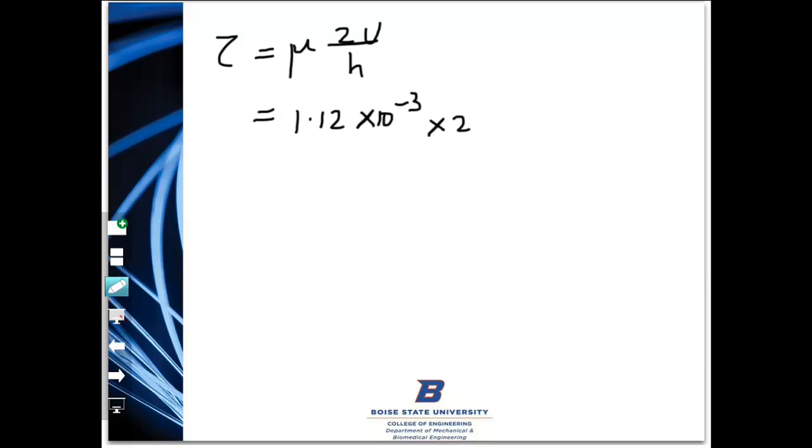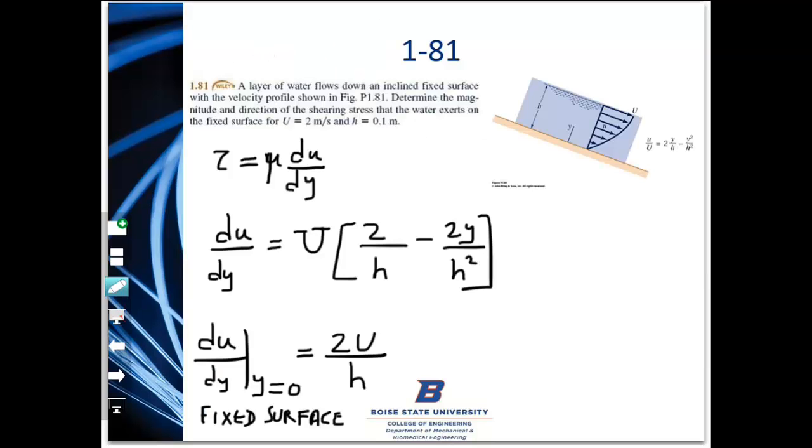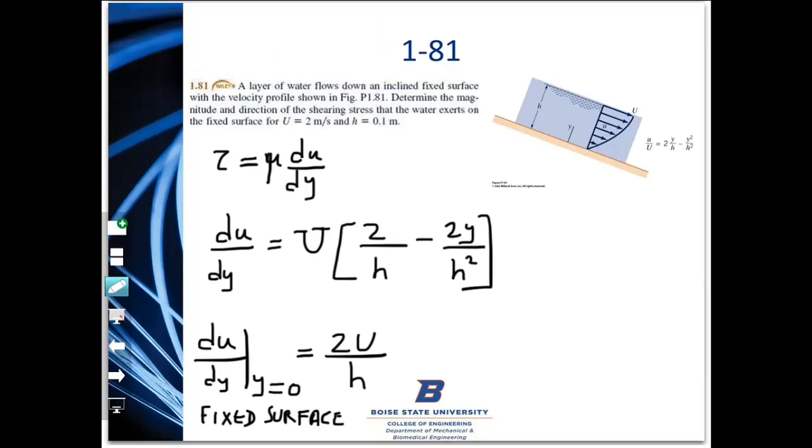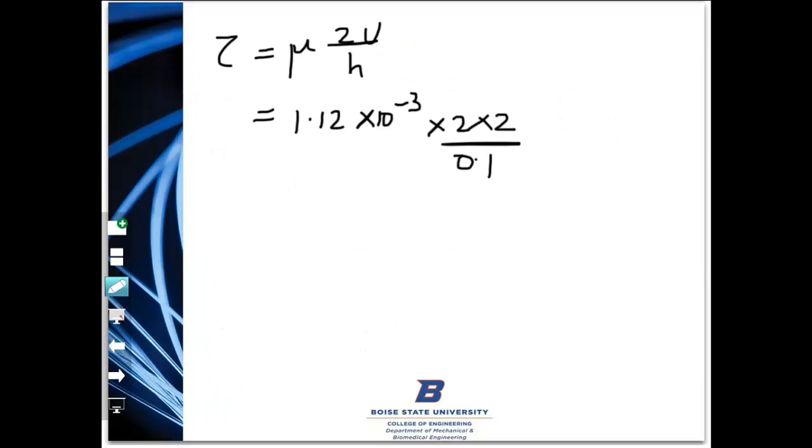So times 2 times the velocity, which is 2 meters per second, divided by the height, which is 0.1 meters, given in the problem. If you do the math here, you'll end up with 0.0448 Newton per meter squared.